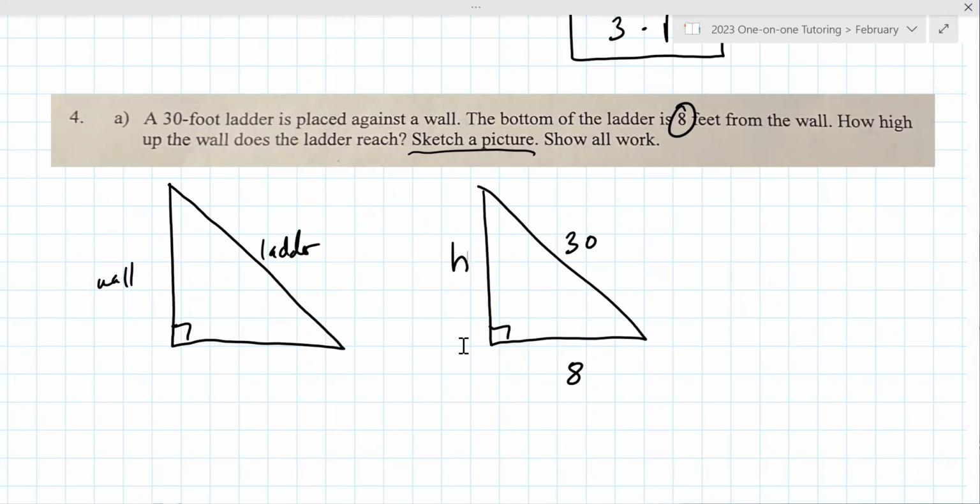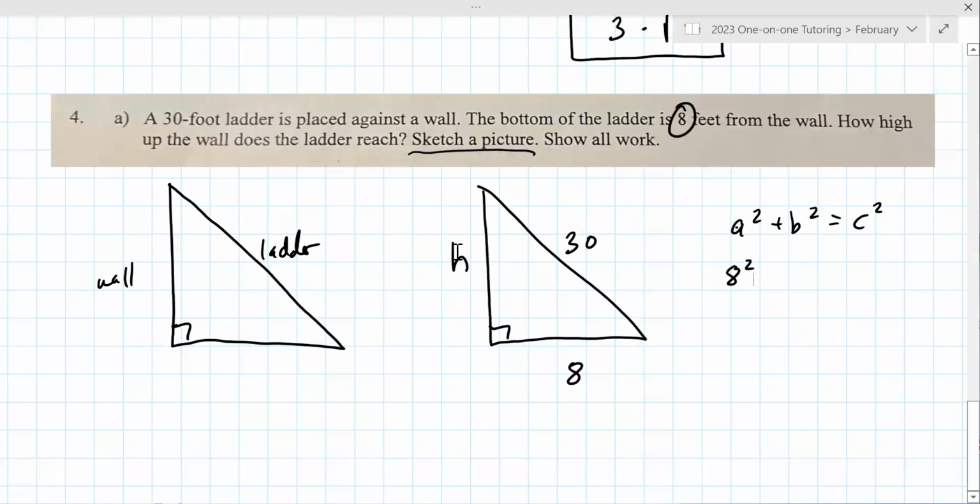You have to find out the hypotenuse. The hypotenuse is given, it's 30. So how do you find the third side of a triangle? You said it to start out our lesson. You actually said it perfectly. A squared plus B squared equals C squared. I know that 8 squared plus 30 squared equals C squared.